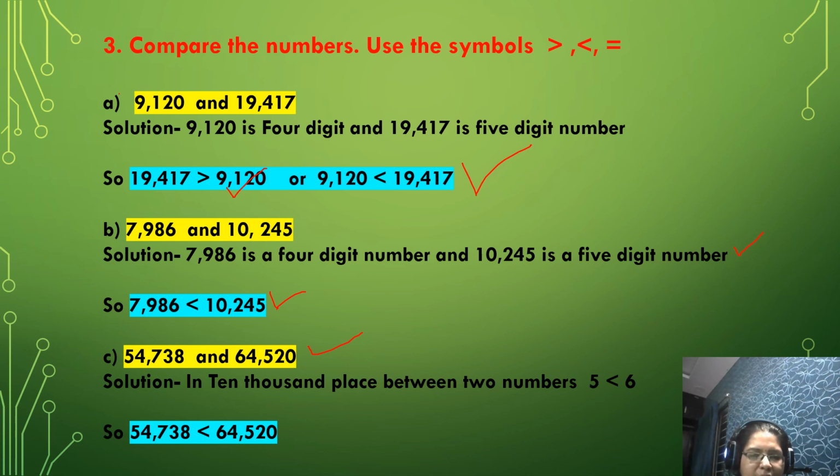We know 5 is less than 6, so 54,738 is less than 64,520.